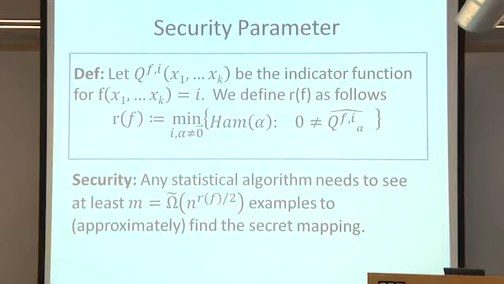And in this case, we can define R of f as follows. It's the minimum over all i and every possible Fourier coefficient of the Hamming weight of the Fourier coefficient of the smallest non-zero Fourier coefficient. And this is exactly equivalent to the intuitive example that I gave you before.